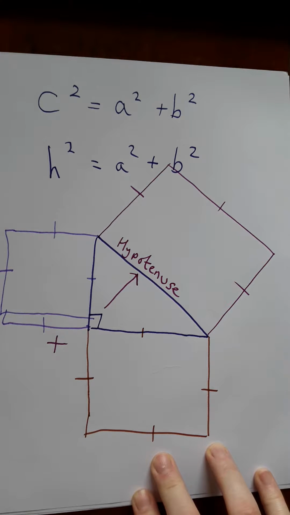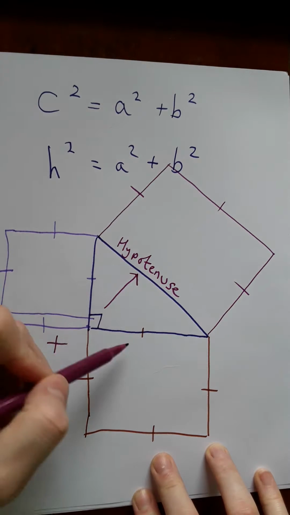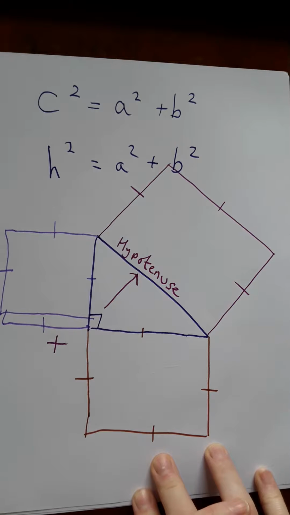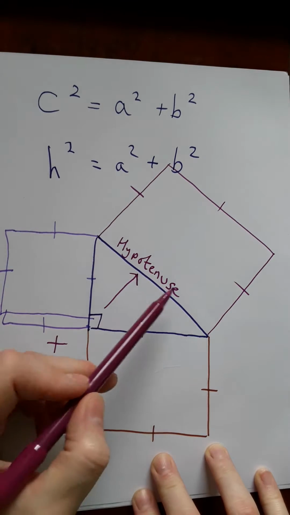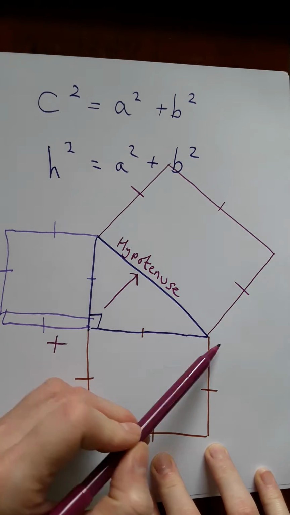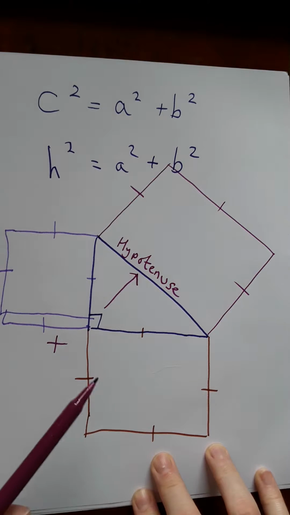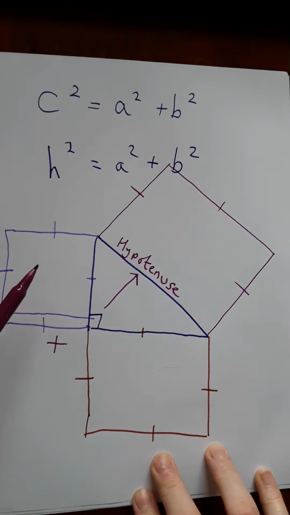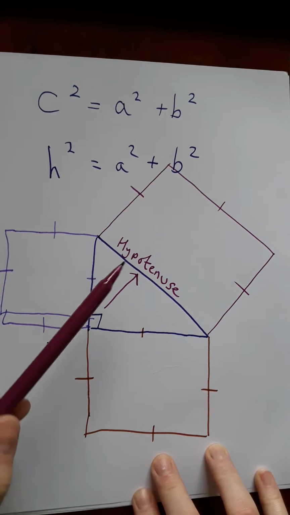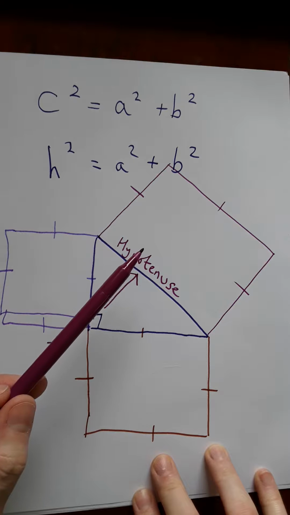Now, the other two sides don't really need a special name. We just need to remember that we pick out the hypotenuse every time, and that the other two sides, so the other sides that touch the right angle, their square areas add up to make this side.